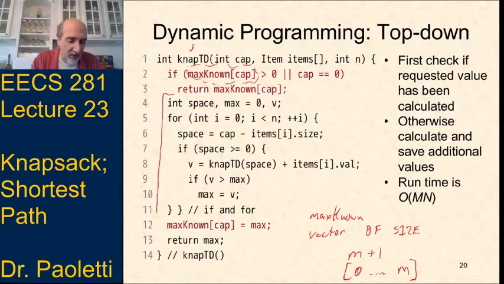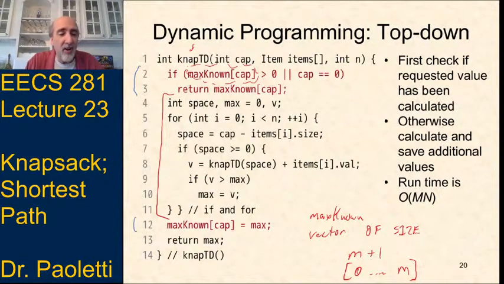The rest of the code is all the same. All of this is the same as the previous slide. The only difference really is in lines 2 and 3 and line 12, the only changes to this code to make it top-down dynamic programming.